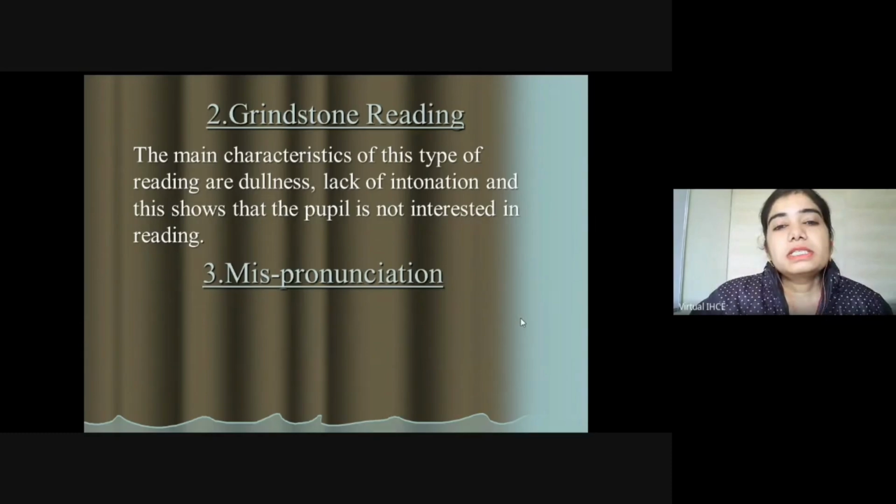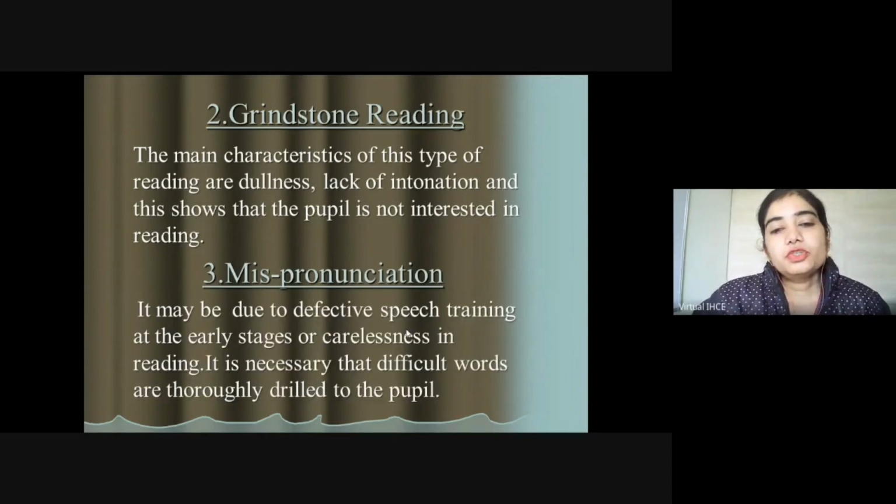Third is mispronunciation. It may be due to the defective speech training. Okay, the training which was given to the students when they were in the primary classes, that is why there is some defect in that teaching, maybe, or training. So the child does not pronounce properly because the teacher only makes mistakes in pronunciation.